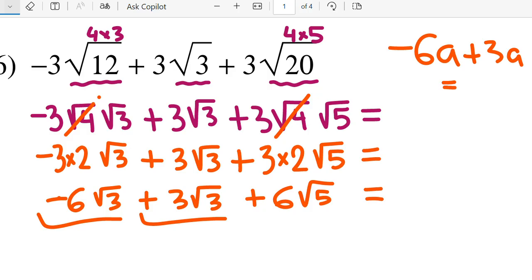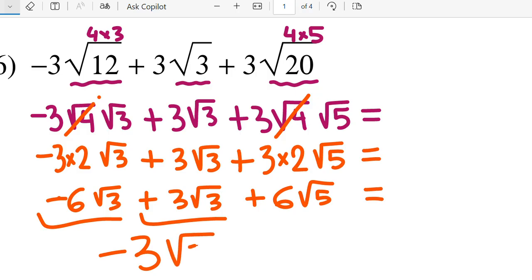I know that negative 6 and positive 3 is negative 3. Negative 3a. So, using this logic, you can easily find that negative 6 square root of 3, positive 3 square root of 3 is equal to negative 3 radical 3, positive 6 radical 5.